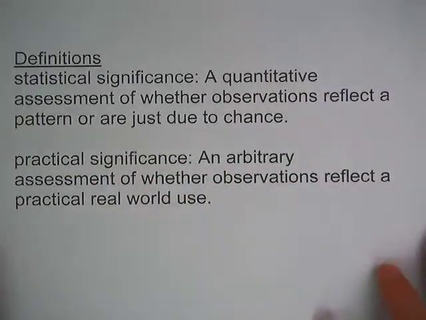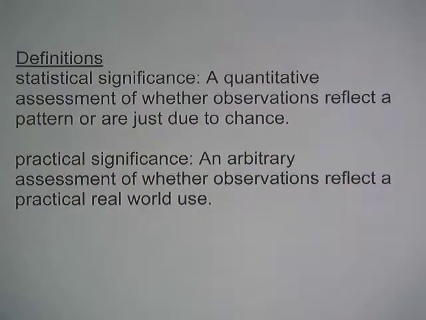So let's start by defining both statistical significance as well as practical significance. Statistical significance is a quantitative assessment of whether observations reflect a pattern or are just due to chance. Practical significance is an arbitrary assessment of whether observations reflect a practical real-world use.